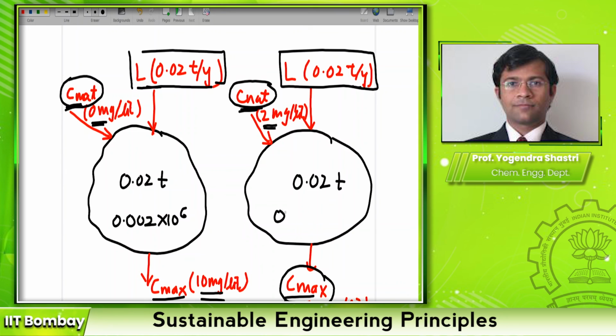In the second case, it was 0.0025 into 10 raised to power 6. So this quantity in the second case was more because the natural content of nitrogen itself was higher. So you require more water for dilution. So that is an explanation of why the result can seem a little counterintuitive.